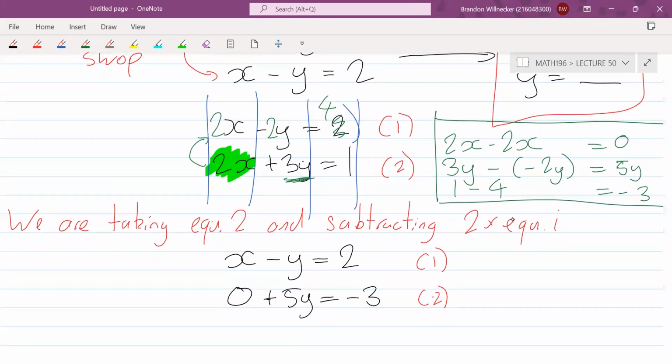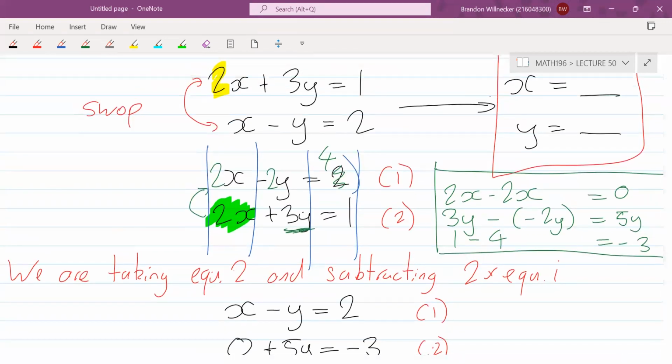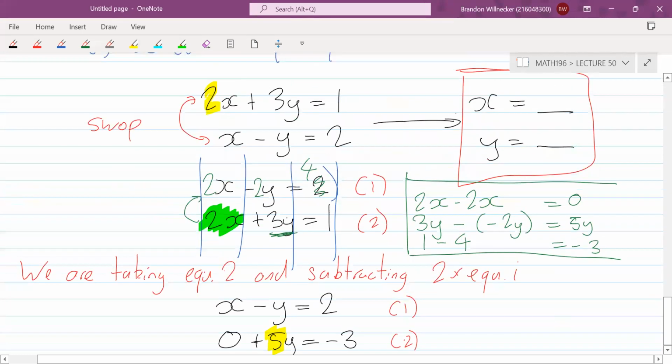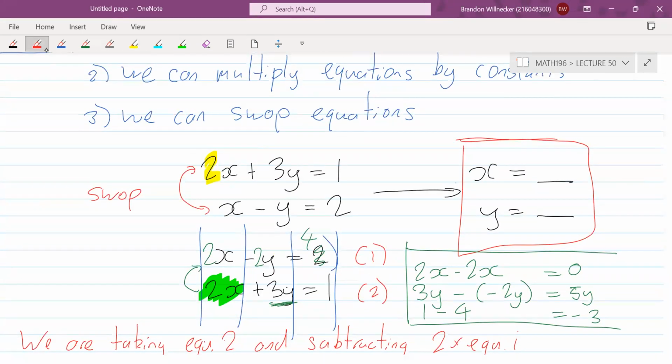Okay, is that all right? Yes, thank you. Okay, awesome. So we see that in equation 2, we have y being multiplied by 5. That's our new thing that we need to worry about. So if we look back at what we want, that's this bit.